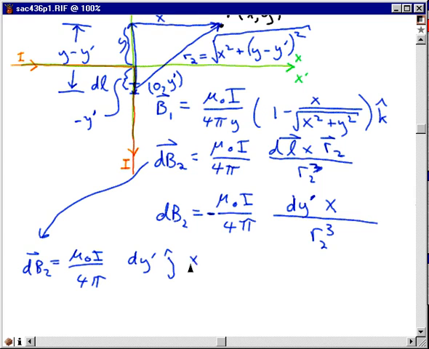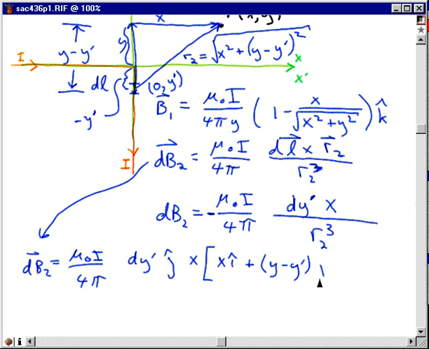crossed into, that represents this little vector dl in the minus y direction, minus y prime direction you can call it. And then I'm supposed to be crossing that into R2, which I can express as a step over to the right of magnitude x. So I'll say x times i, and plus a step upward of magnitude y minus y prime.